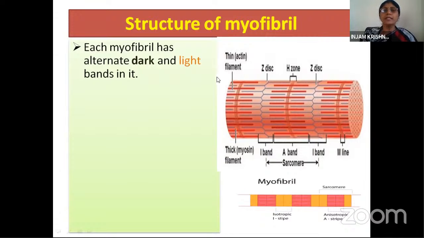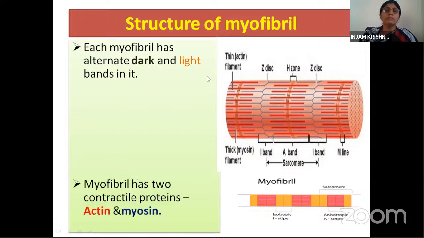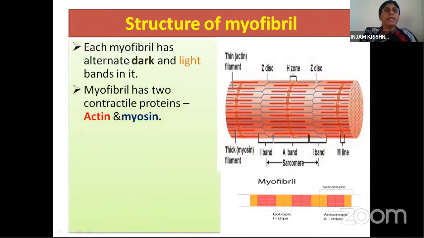This is, I think, new for you. Each myofibril has alternate dark and light bands in it. Myofibril has two contractile proteins, actin and myosin. See, this is the myofibril.